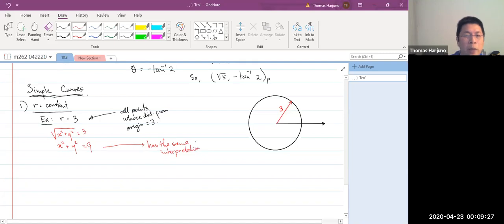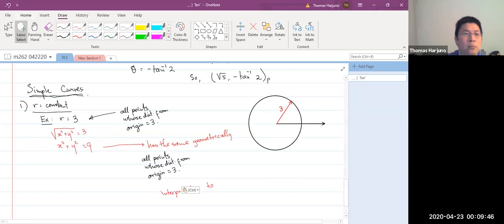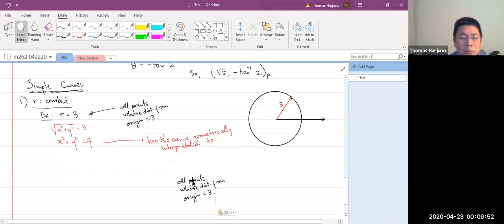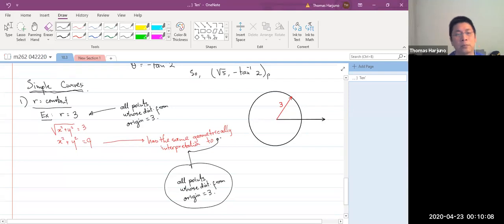I think I should say the same geometric interpretation to this. So r equals constant is easy.